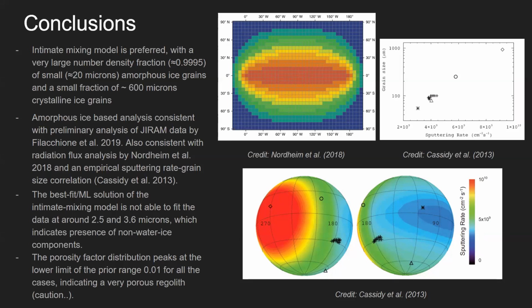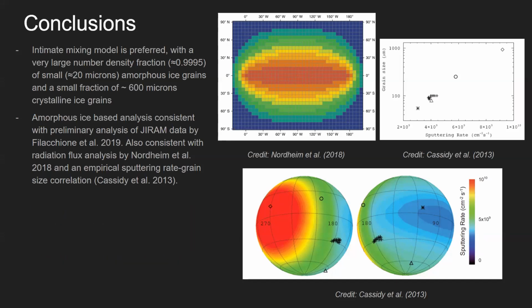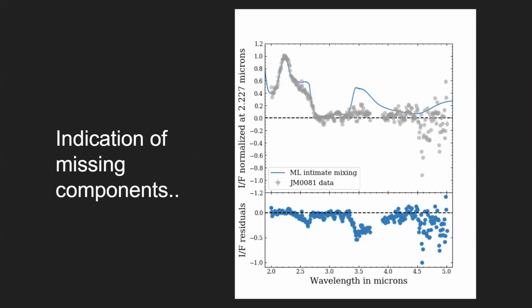But I would caution against this conclusion, because the main effect of the porosity parameter is to increase or decrease the absolute reflectance of the data, the actual values of reflectances. I didn't point it out, but we are working with normalized data, because this is the data that was published and supplied to us by the Juno team.